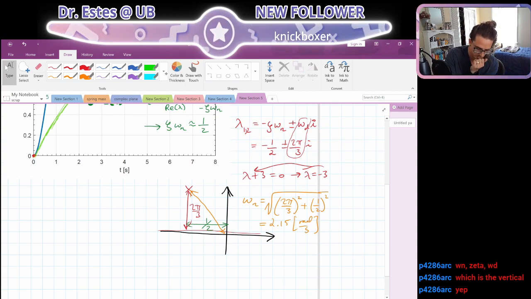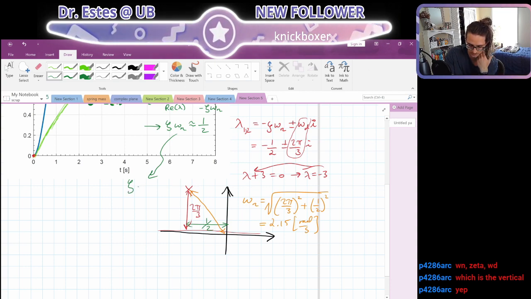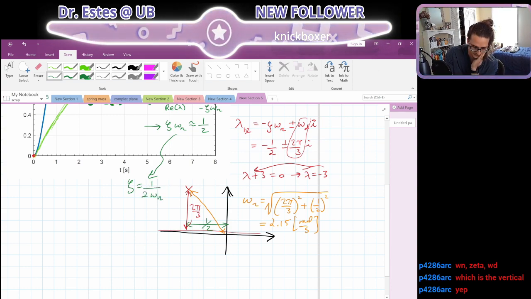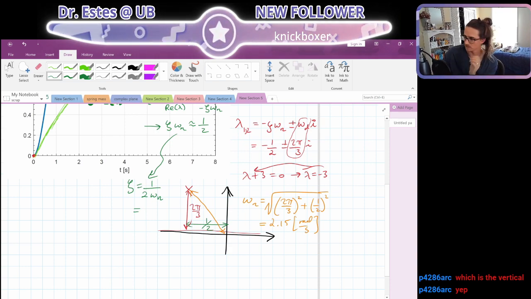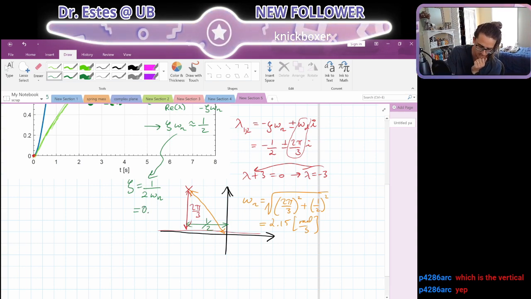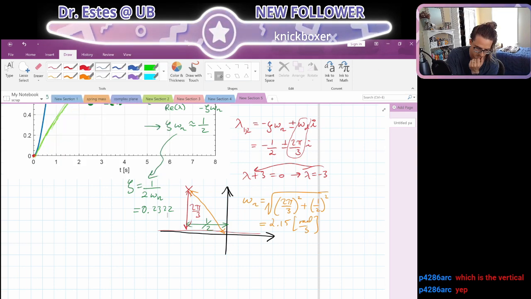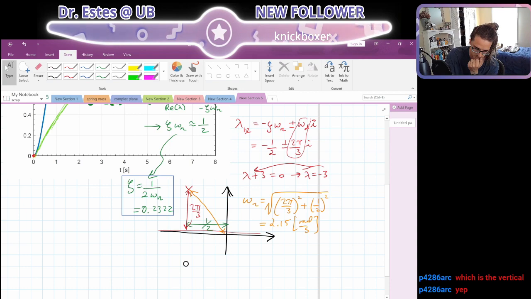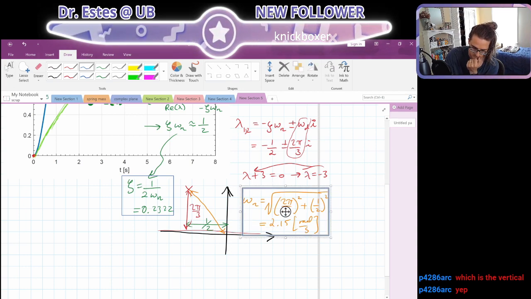And then I could get the damping ratio. I know that it would be 1 over 2 omega n. So 1 divided by 2 times 2.15 is 0.2322. Something like this.